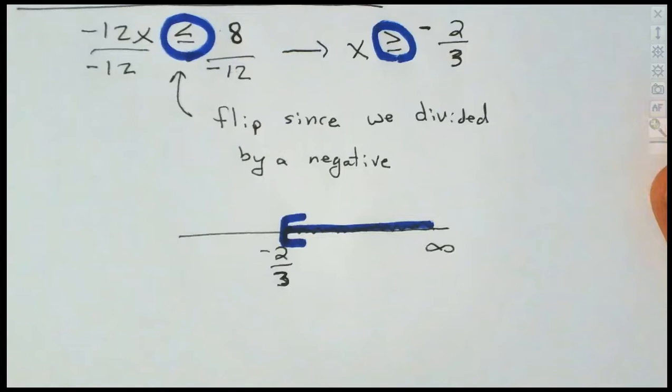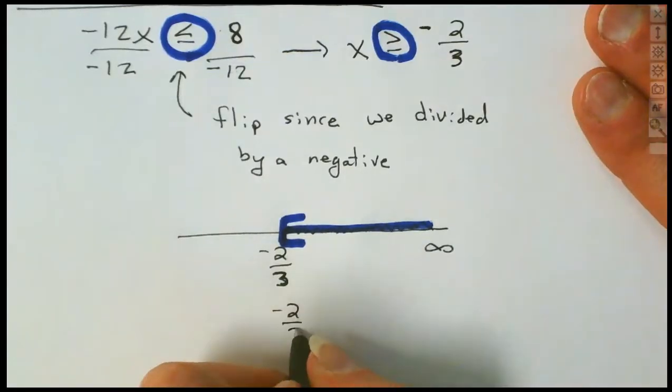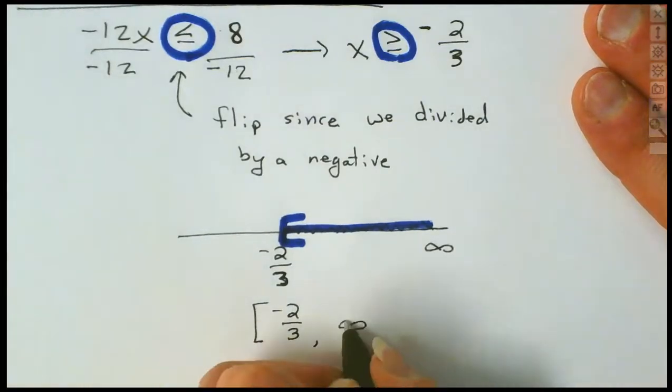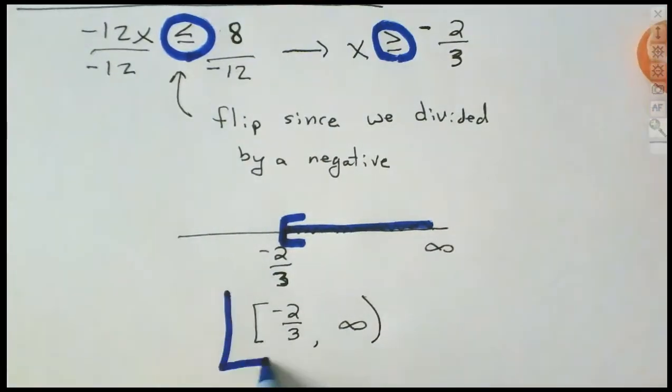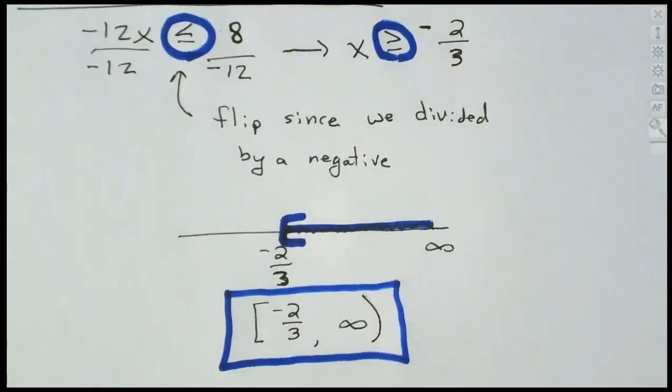And what does that now look like in terms of interval notation? Minus 2/3 with the square bracket, and where does it go to? Positive infinity. There is your answer in interval notation.